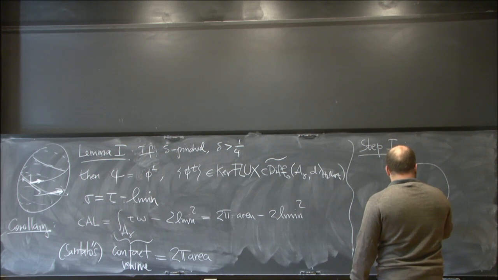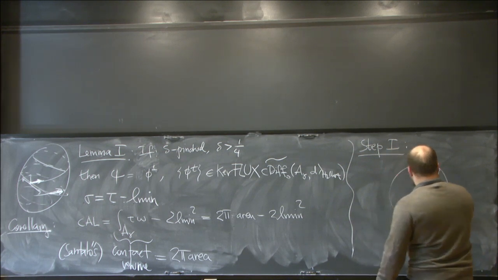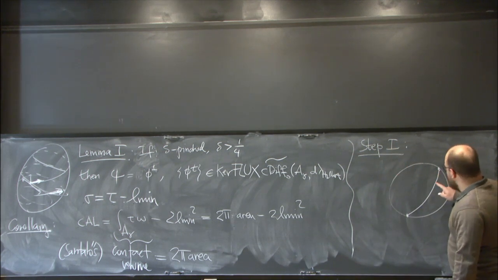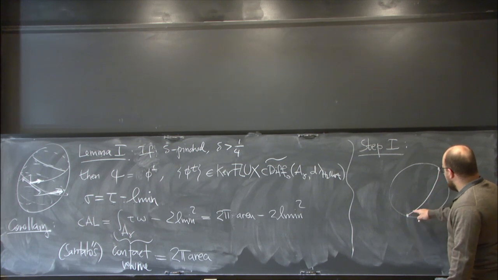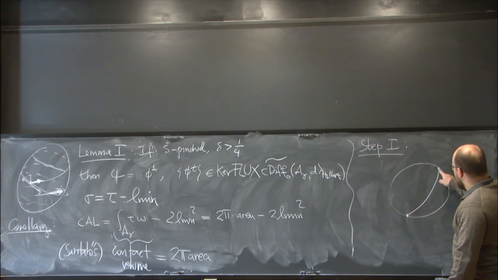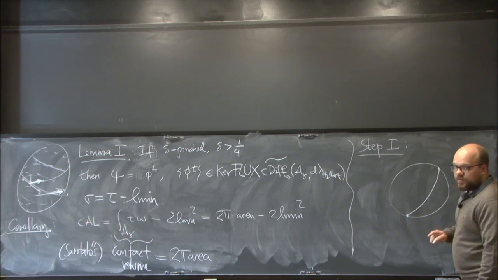So the first step is to show that every time I shoot, the first time I exit this hemisphere, if I shoot and look at the geodesic segment all the way up to the first exit point, I get an embedded segment.